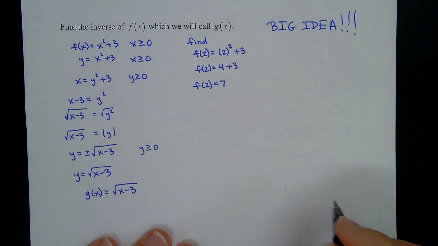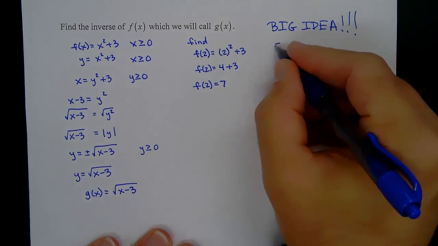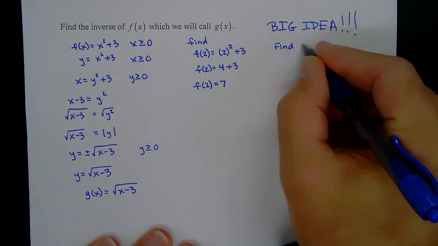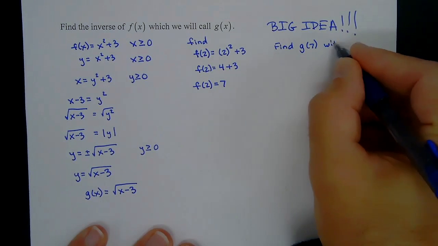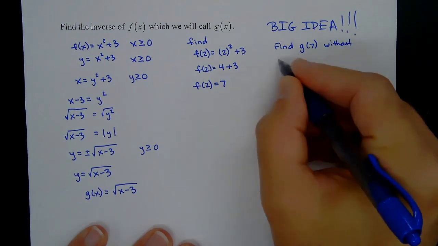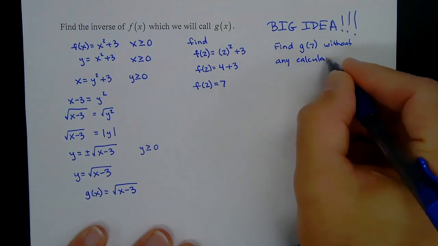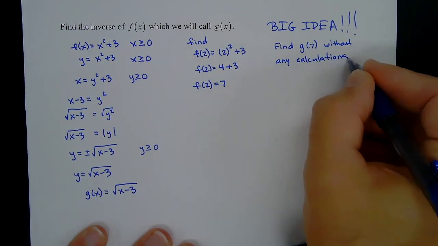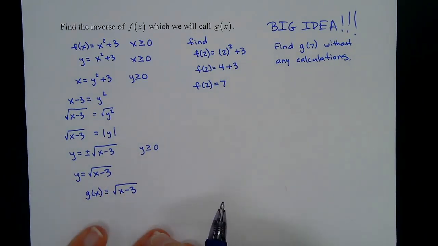I want us to find g of 7 without any calculations. And there's a way to do it. No work at all. I realize you can put it in here, but no work at all.